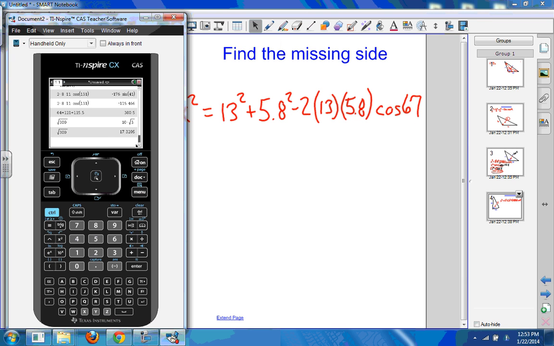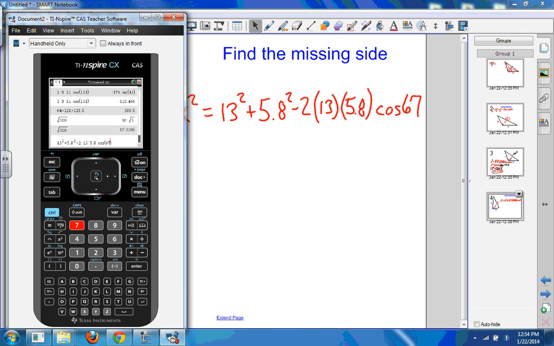Alright, so I have 13 squared plus 5.8 squared minus 2 times 13 times 5.8 times the cosine of 67. Luckily my calculator knows order of operations, so I don't have to put any parentheses in there.